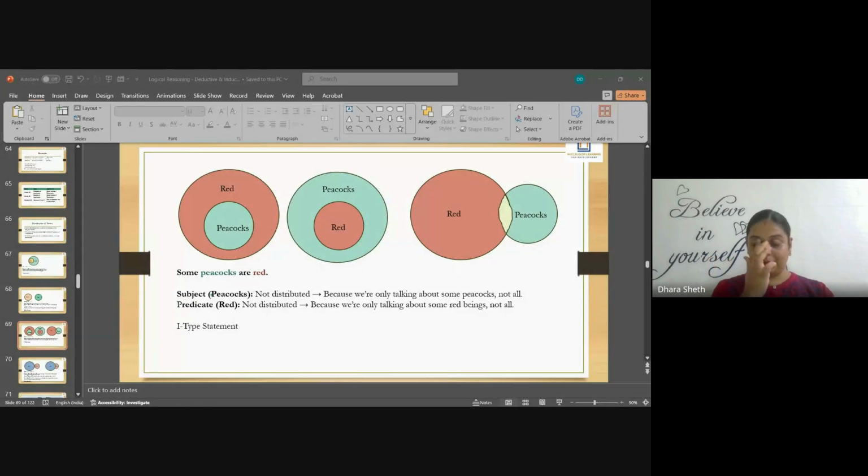Clear? This is called an I-type statement. So we have A, all A are B; E, no A are B; I, some A are B. And here both subject and predicate are not distributed because you are not sure which of the possibilities is true.